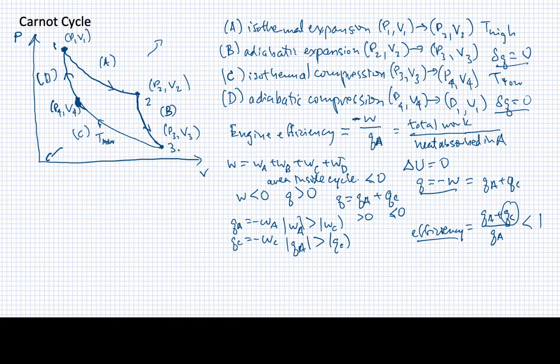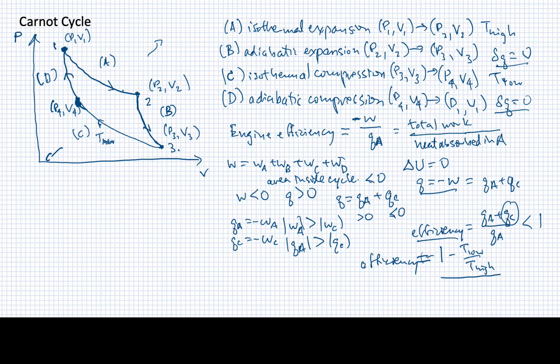We can actually use thermodynamics to reframe this in terms of the temperatures, and we can write basically that the efficiency of the engine is equal to 1 minus T low divided by T high. So the best we can do is, like I said, when we go to a temperature of absolute 0 for our low temperature, which would be here at the bottom part of the curve.